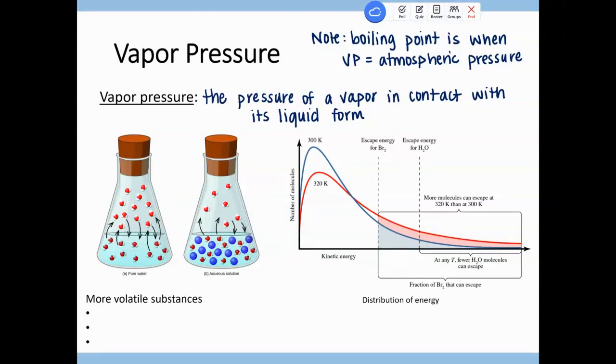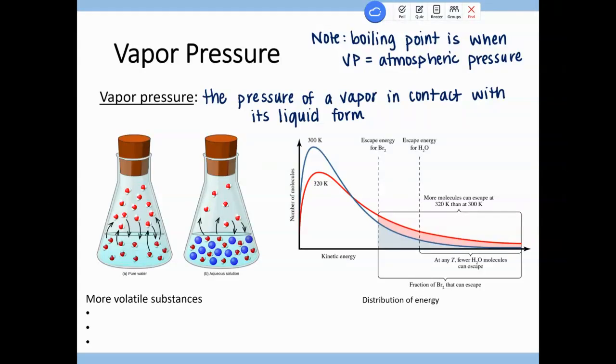So with any sample, you have your liquid, that's what we can see, but there are also some vapor particles right above at the surface of the liquid. And remember when we talked about temperature? Temperature is a measure of a substance's average kinetic energy. So that's what this diagram is showing you here. We have kinetic energy on the x-axis.